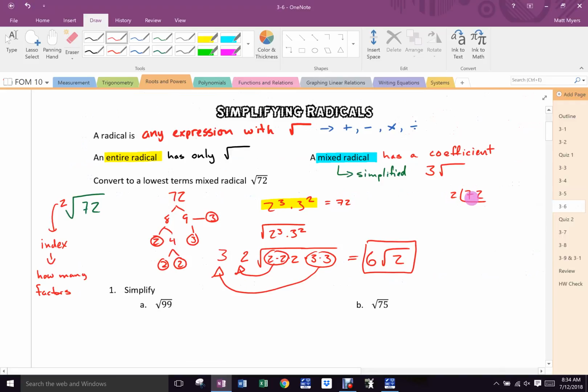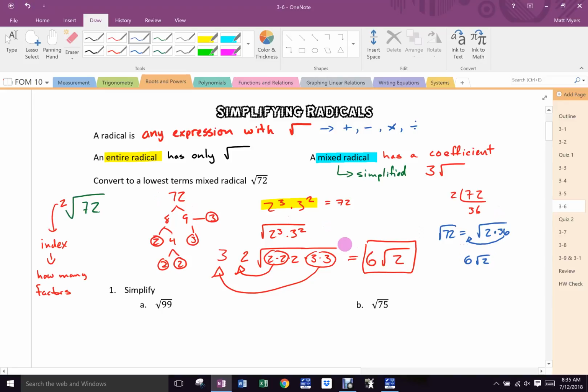What is 72 divided by 2? 36. So doesn't that mean that the square root of 72 is also the square root of 2 times 36? Isn't it? Does 36 have a square root? What is it? 6. So I can bring 6 out right away. And I left a 2 under there.